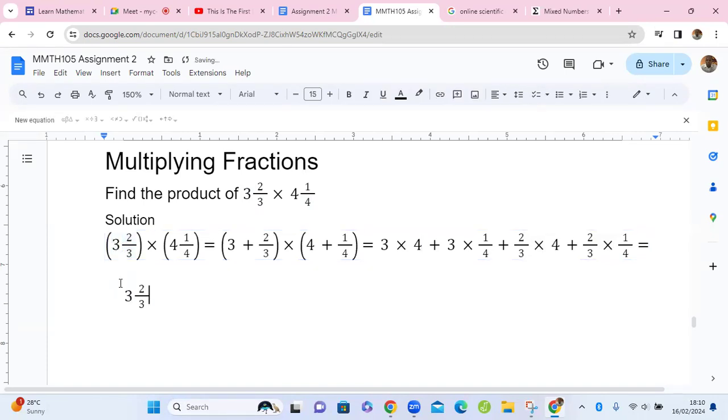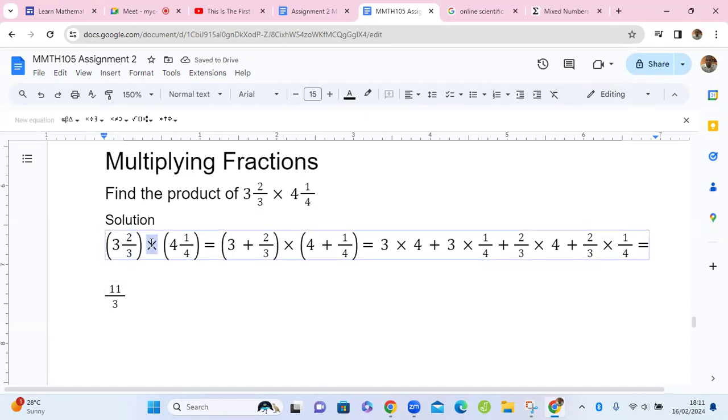So 3 2/3, you simply say 3 times 3 is 9 plus 2 is 11/3, times, so it's easier to do it that way, 4 times 4 is 16 plus 1 is 17/4.